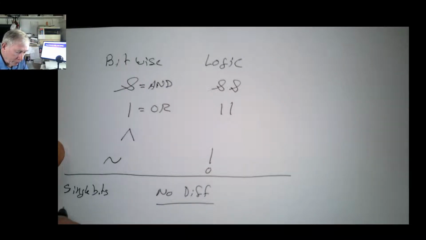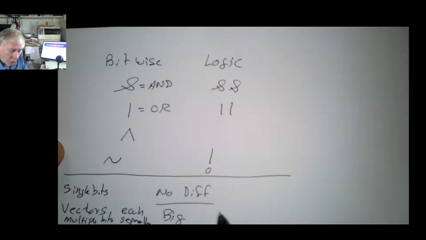But if you have vectors, which are multiple bits, then there's a big difference. This takes each bit separately, and this takes all bits together.